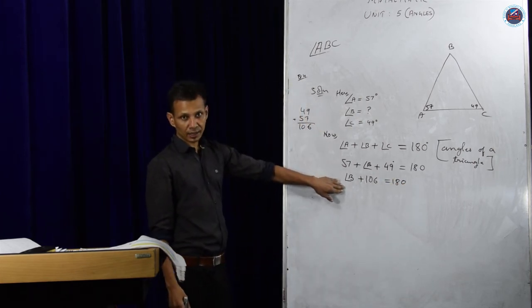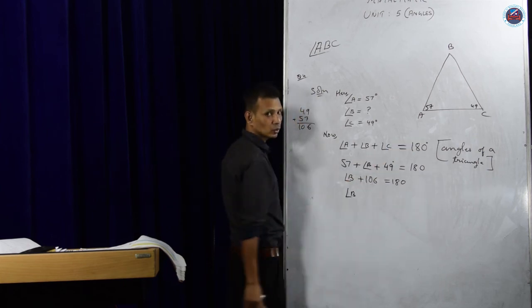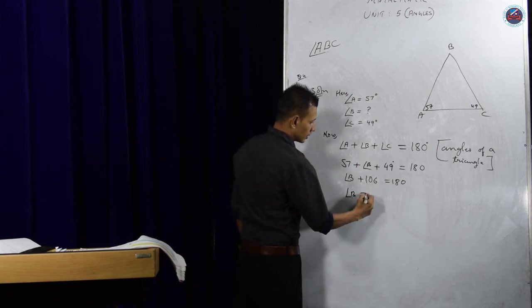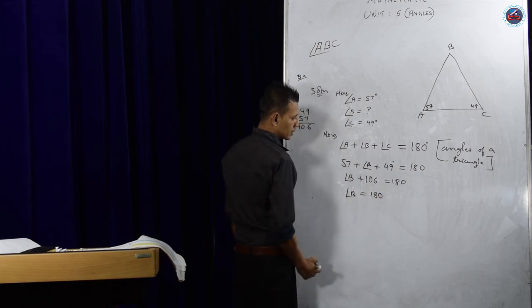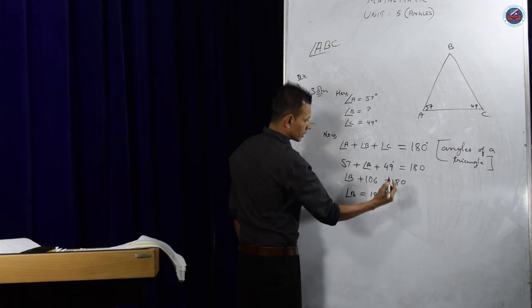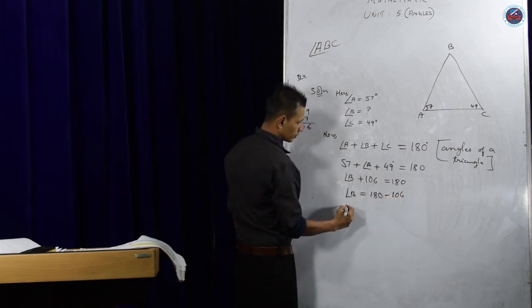Since I'm searching for angle B, I'll keep angle B on this side, and the rest I will take to the right hand side. You know that side change, right? Equals 180 is still in its own place. Plus 106 I want to take to the right hand side. It will become minus 106.